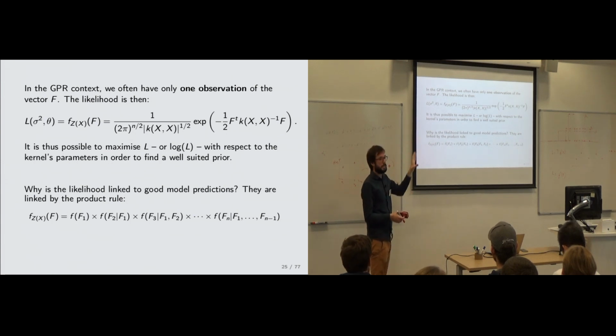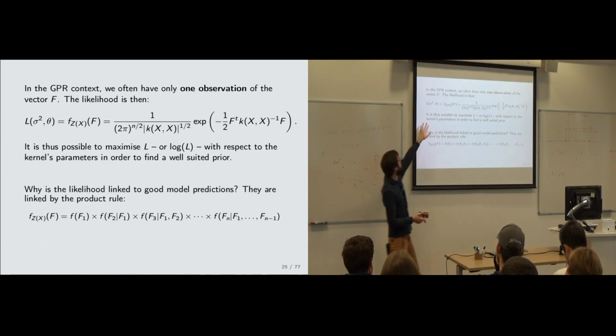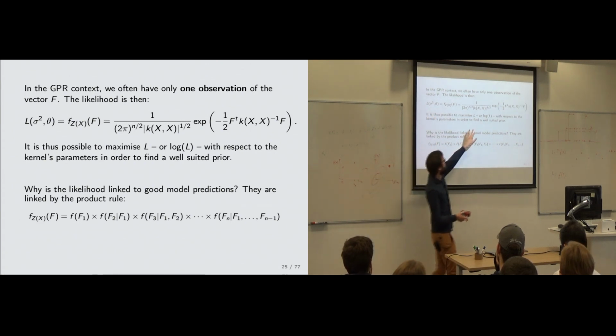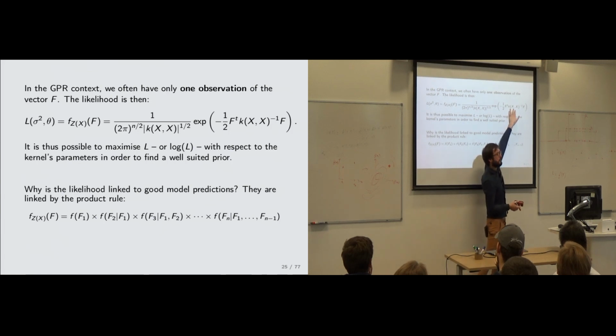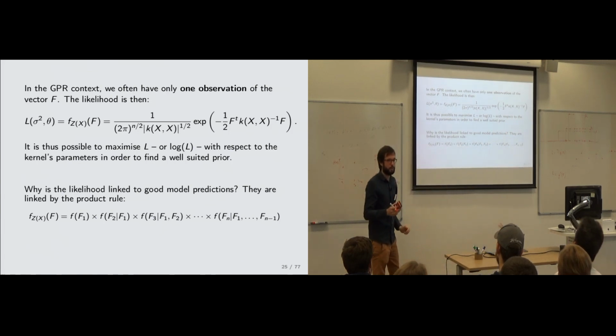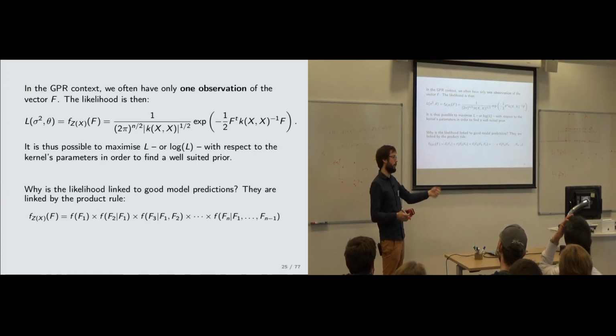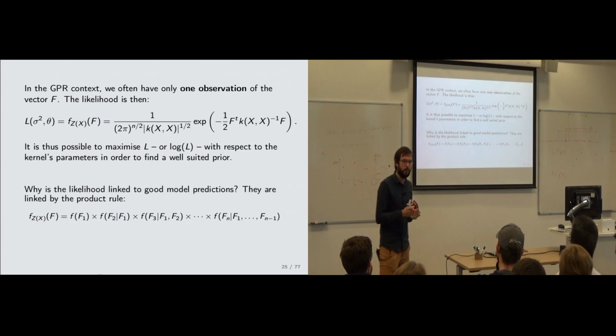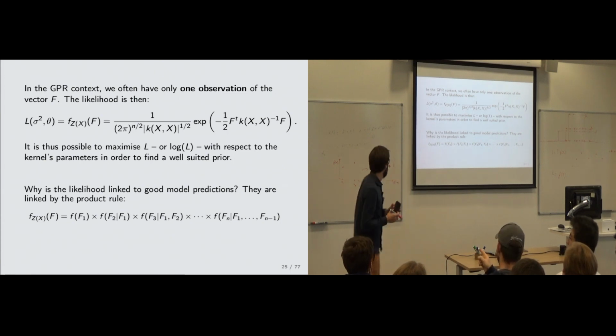This is the expensive bit when you're training a Gaussian process model, because typically you do some gradient descent to optimize this function and find the best values for these parameters. But at each step of the gradient descent, you need to compute this determinant and the Cholesky of this matrix. So for each step of the optimization, you have one matrix inverse or one Cholesky to compute.